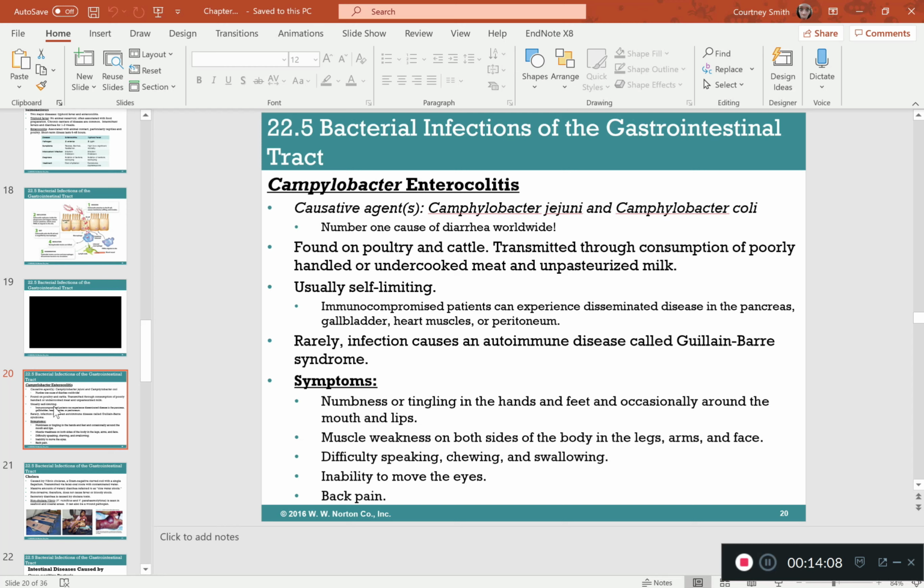Now, if they're just having the primary one, then they're just going to have some diarrhea, maybe even some nausea, and then general weakness because they are flushing the bacteria out, essentially. So, the symptoms below are associated with a secondary infection or a disseminated disease.